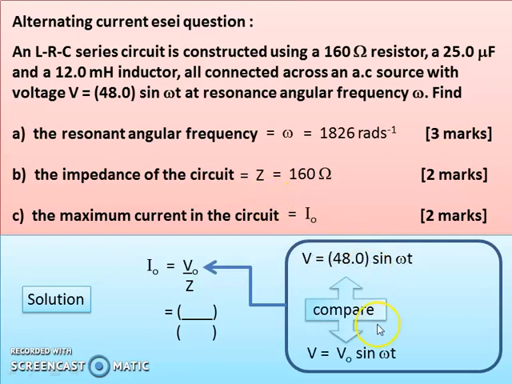Compare with the general equation V equals V naught sine omega t. So V peak is 48.0 volt. Substitute into the equation, and Z from question B is 160 ohm. So 48.0 divided by 160 ohm is 0.3 ampere. So this is the maximum current or I peak for the LCR circuit.